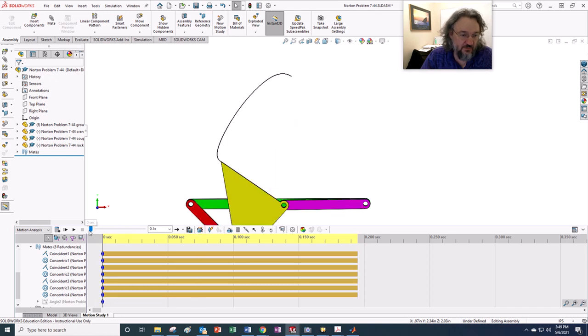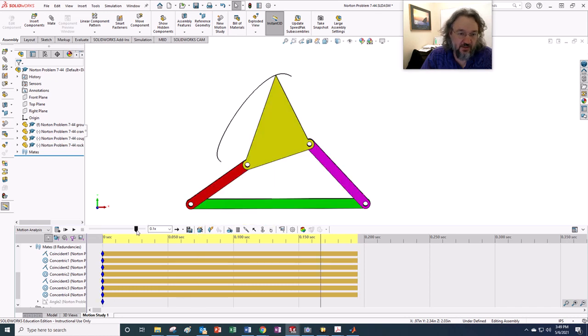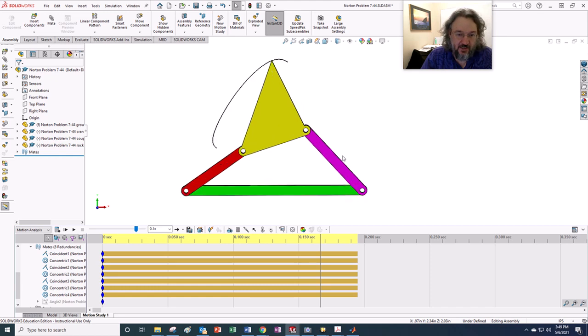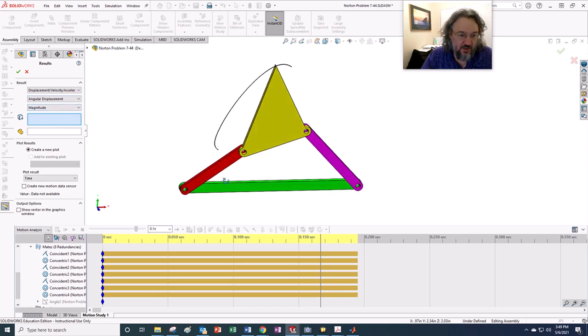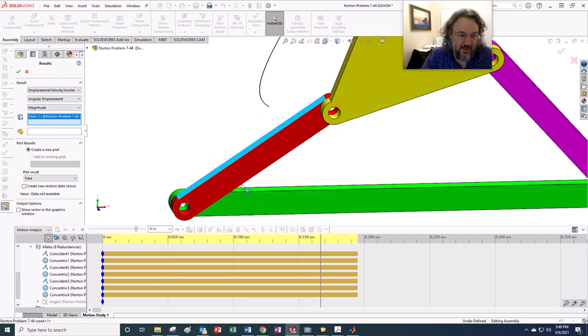So we're moving from here to up there. Okay. And good idea to get that angle in place. So let's go angular displacement, magnitude, and we'll have that versus that.